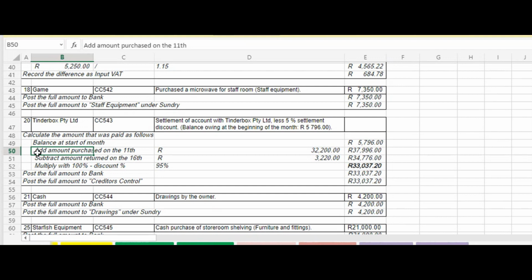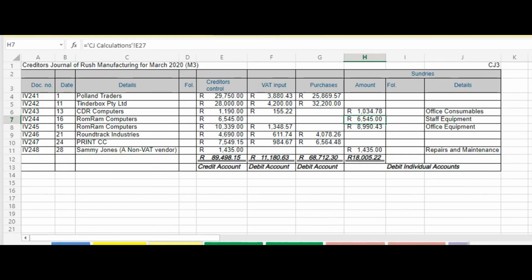We will see that we purchased from Tinderbox on the 11th. Now we can find that information in two places. Either we can find it in our given info, or we can simply find it here in our creditors journal. Okay, look there. We made this purchase here at Tinderbox.